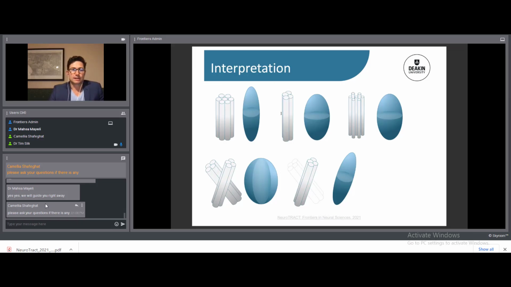Just to highlight some of these interpretation troubles that we can get into, we look across the top row. First on the left-hand side, you've got a bundle of fibers, and you've got your tensor modeling of that fiber direction.